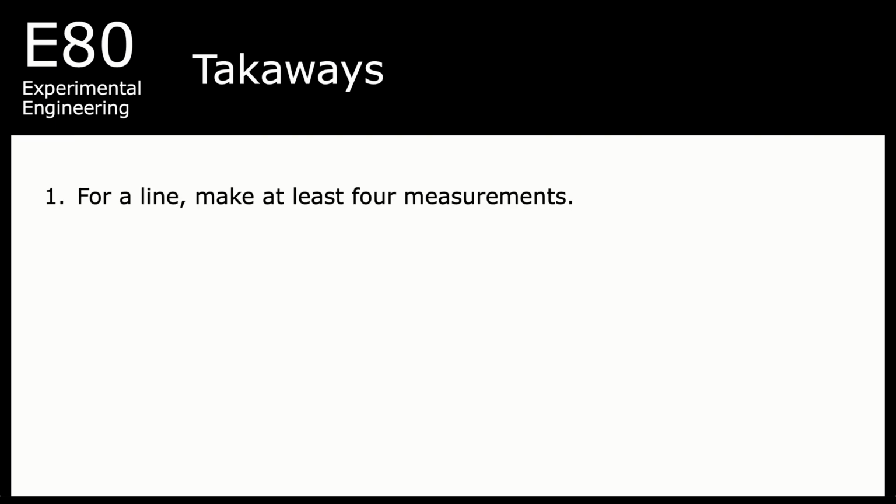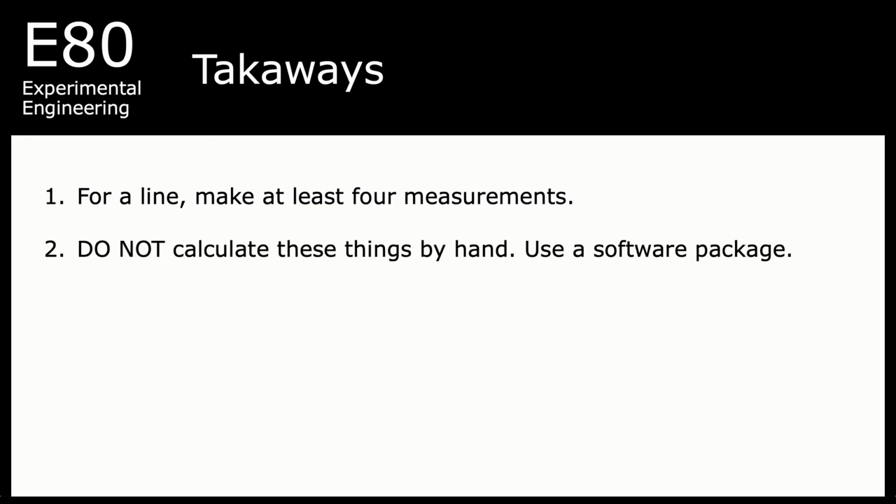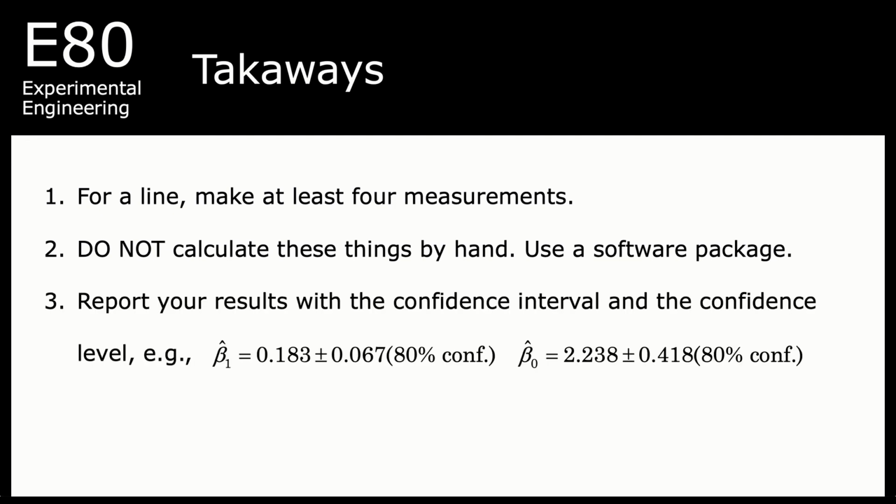The takeaways from this video are: 1. When fitting a line to data, make at least 4 measurements, which gives you the greatest decrease in uncertainty per additional measurement. 2. Do not use the methods in this video by hand to calculate your best fit line and confidence bounds. Use a software package to do it for you. 3. Report your results with the best fit values for your measurements, the confidence interval, and the confidence level.